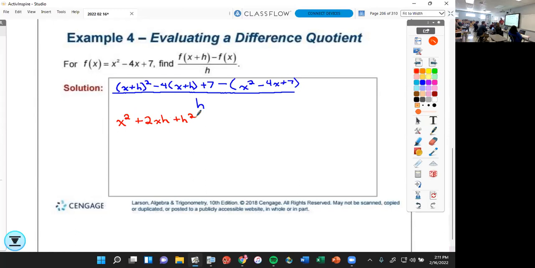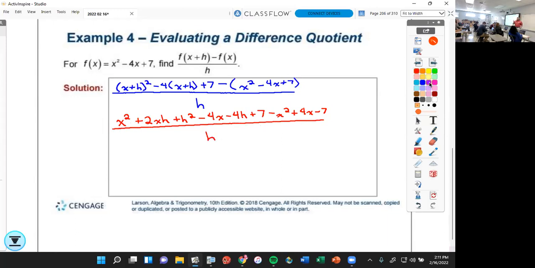Next, distribute this. So minus 4x, minus 4h, plus 7. Minus x squared plus 4x minus 7, all over h. That is a big equation.